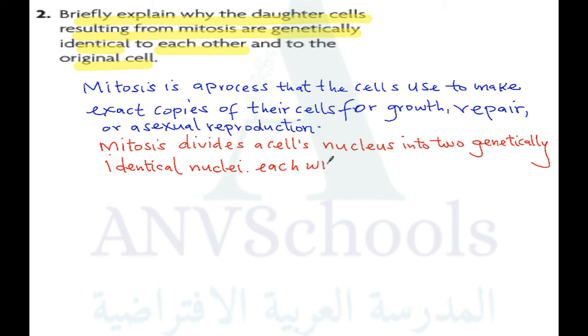Each with its own full set of DNA. So because each of them will have its own full set of DNA, this will result in genetically identical individuals.